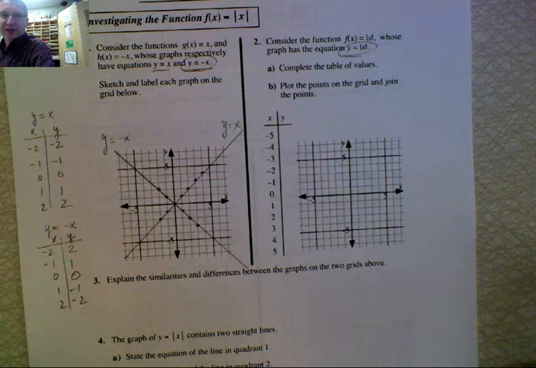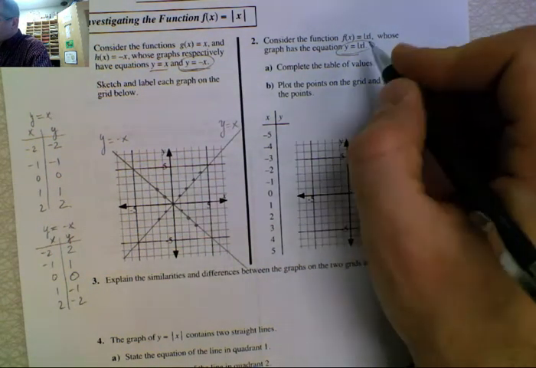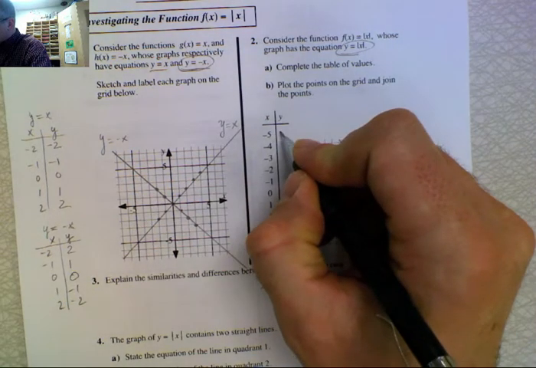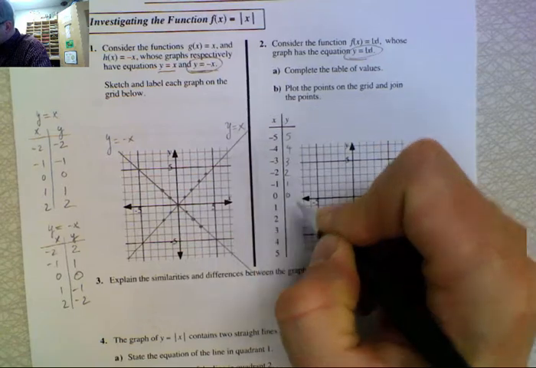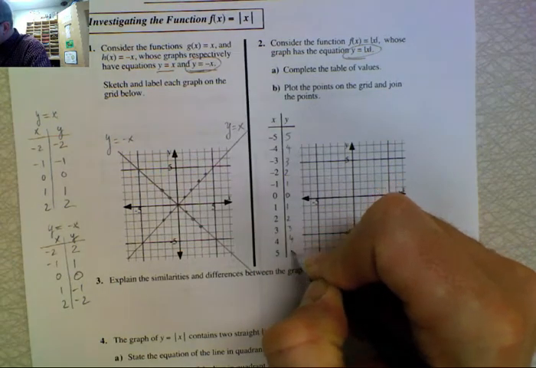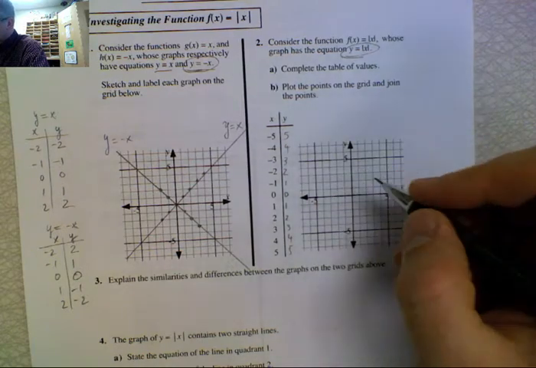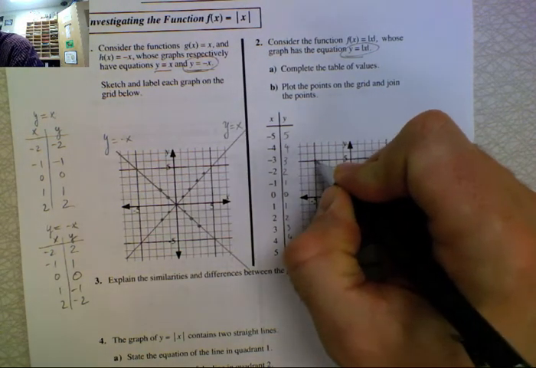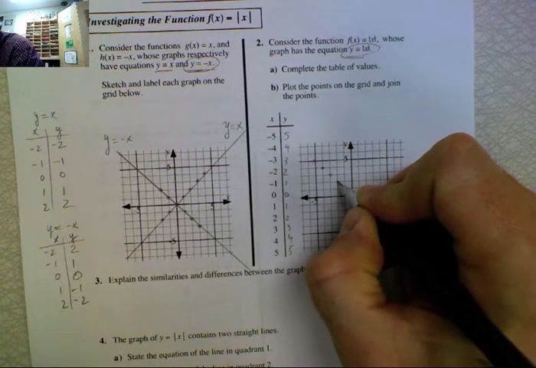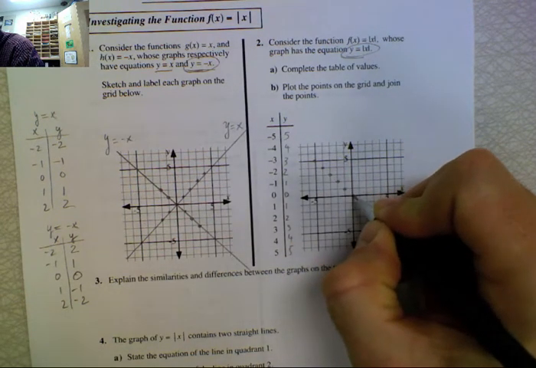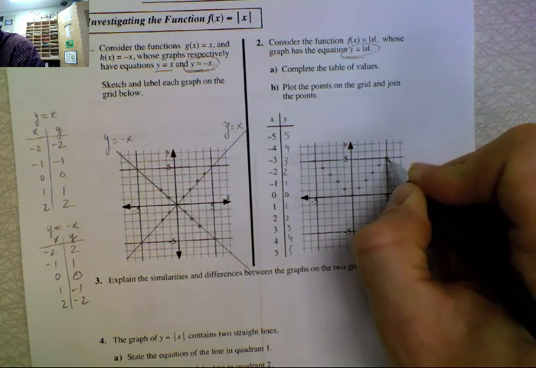Now, what they want us to do on the right-hand side is they want us to graph y equals the absolute value of x. So they've made a table of values here. If I take the absolute value of negative 5, it's 5, 4, 3, 2, 1, 0, and 1, 2, 3, 4, 5. Remember, absolute values of any values are always positive. So I get negative 5 and 5, negative 4 and 4, negative 3 and 3, negative 2 and 2, negative 1 and 1, 0, and then it keeps going back up like this.